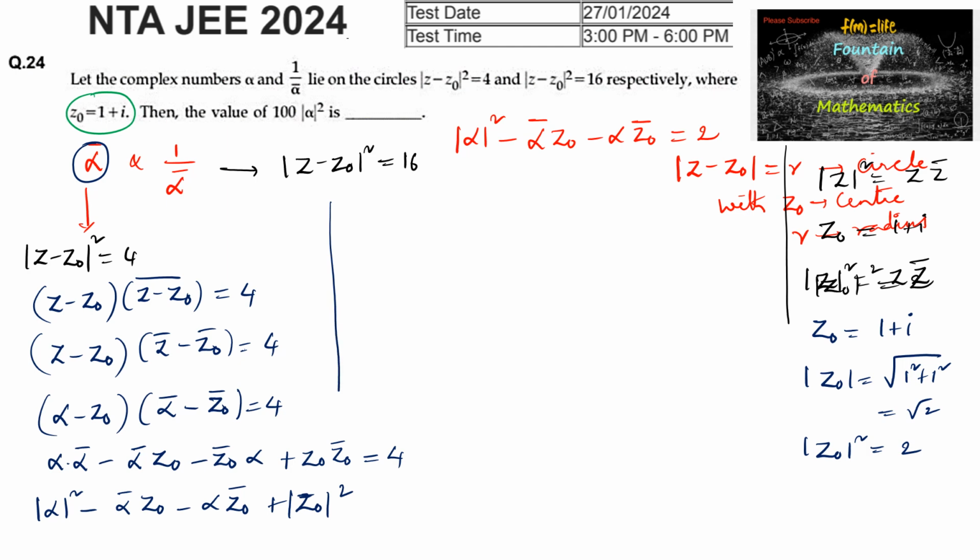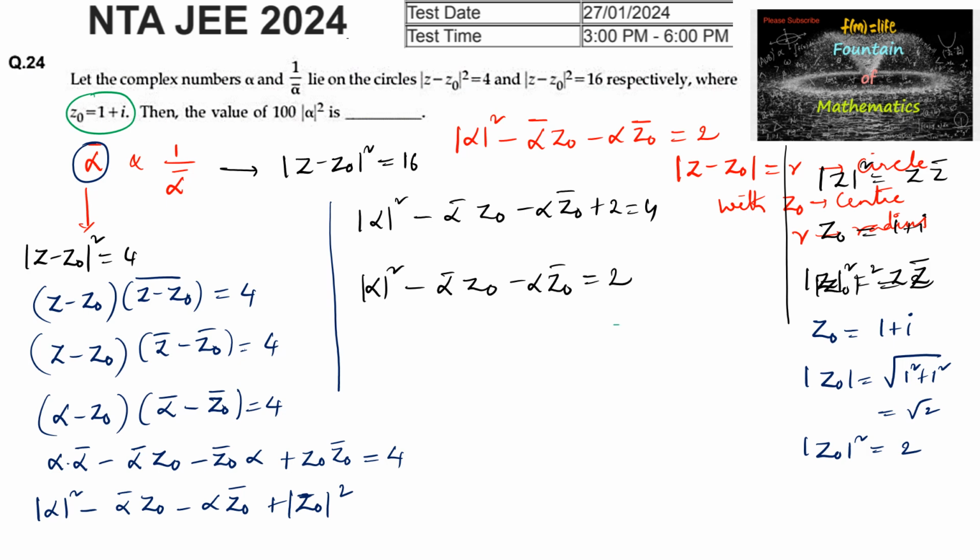So we can simplify and write here mod alpha square minus alpha bar z naught minus alpha z naught bar plus 2 is equal to 4, or we can write mod alpha square minus alpha bar z naught minus alpha z naught bar is equal to 4 minus 2, that is 2. So let us consider this as equation 1.